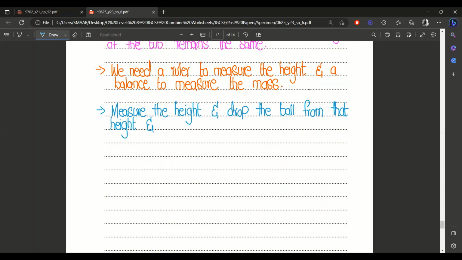and when the ball hits the sand, we also have to measure the depth, right? Yes.